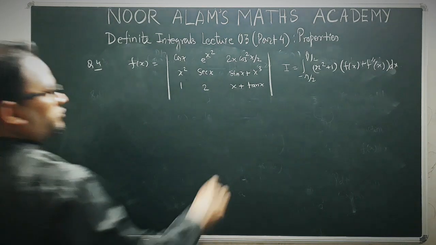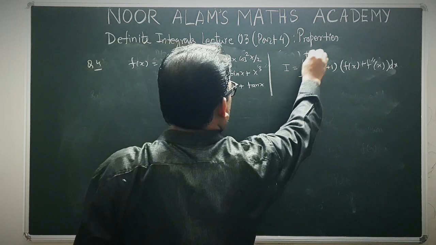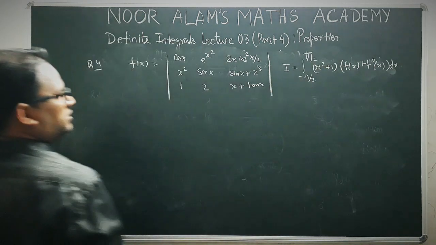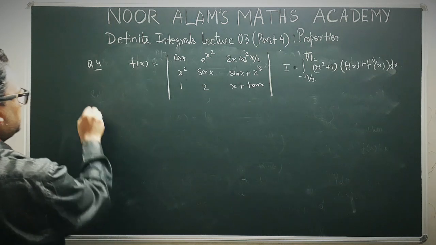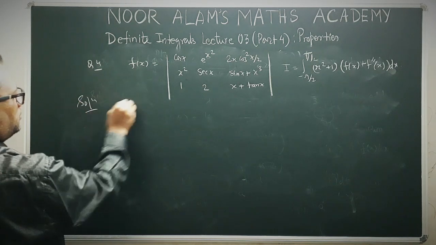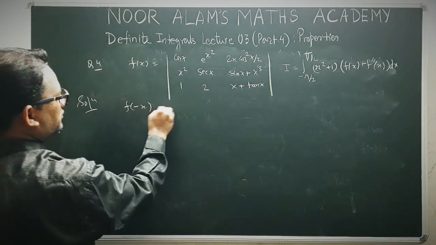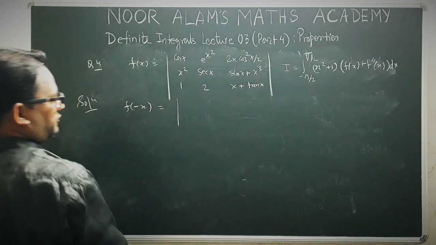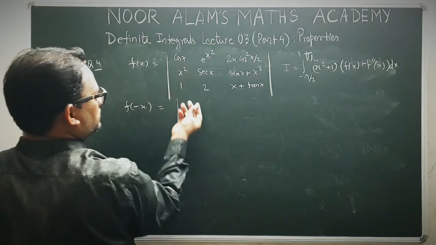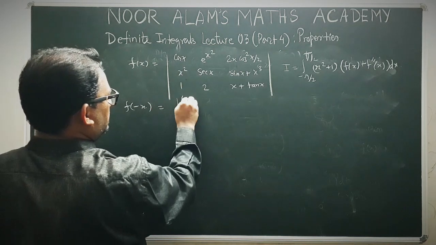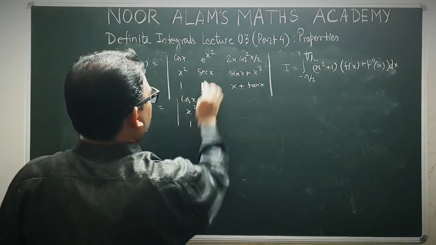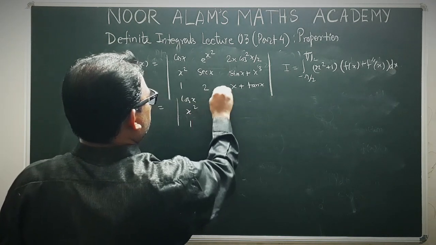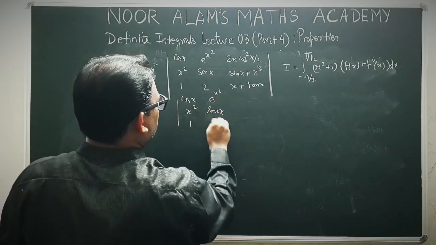We have to find the value, that is, integrate this function. So now how do you integrate it? First of all, since the limits are equal but opposite in sign, we have to check what type of function f of x is. So now f of minus x: cos of minus x is cos x, minus x whole square is plus x square, and 1 is constant. Here if you replace, you get e power x square, sec of x, then 2.